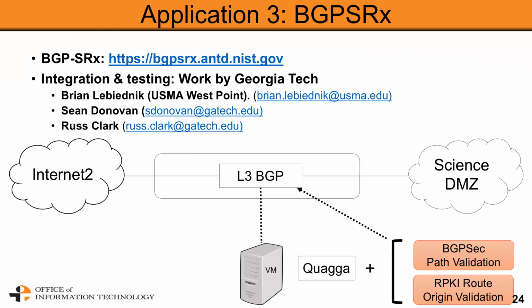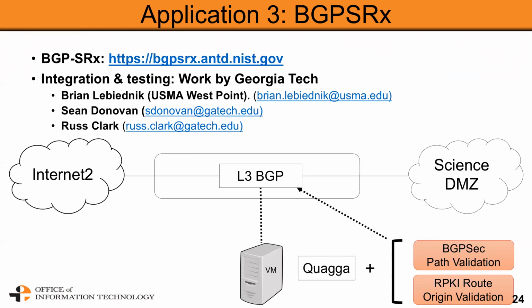When I looked into this, I realized that our good friends at Georgia Tech had already done this and tested it. They integrated and tested it with the Corsa routing adapter. This work was from Brian Lebenick, who was at Georgia Tech at the time and I think is at USMA West Point right now, and Sean Donovan and Russ Clark from Georgia Tech.